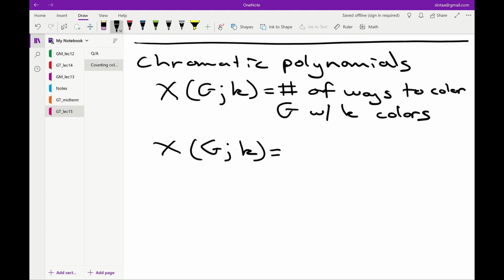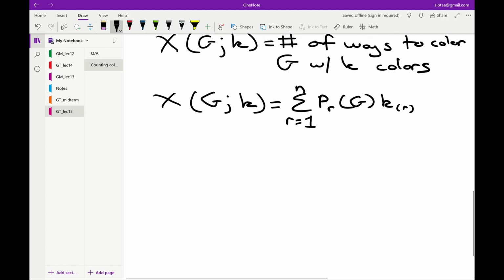And so here we're going to say that this is the sum, where r equals 1 to n, of p sub r of G times k sub r. So here we have essentially a polynomial with terms p sub r times some k sub r, which we will define.